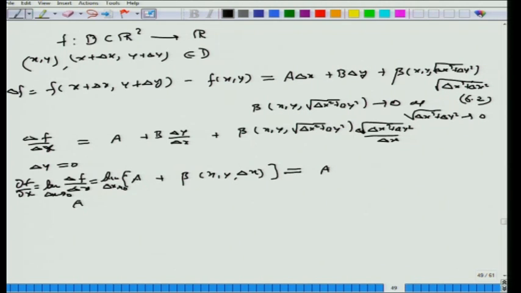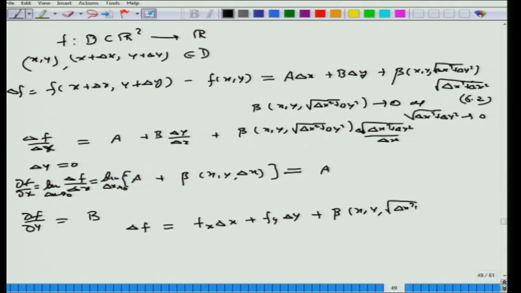Similarly, delta f over delta y will turn out to be b. So, we can see that here this delta f is actually f x, the partial derivative, delta x plus f y delta y plus beta x y times square root of delta x square plus delta y square.